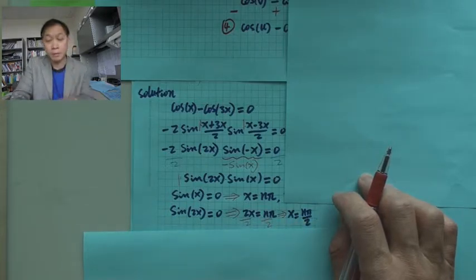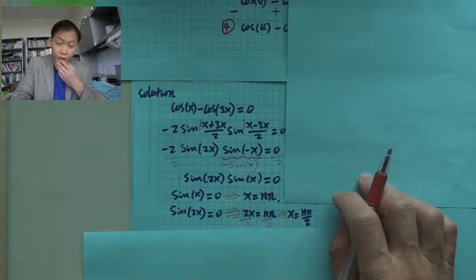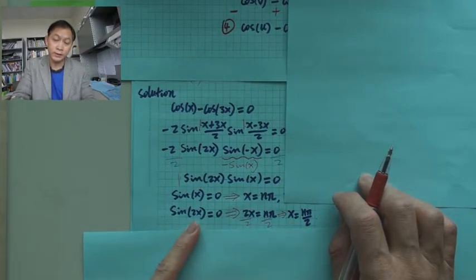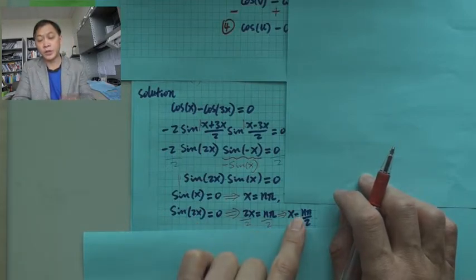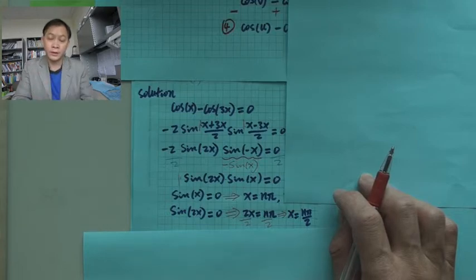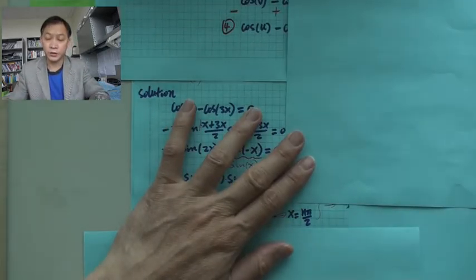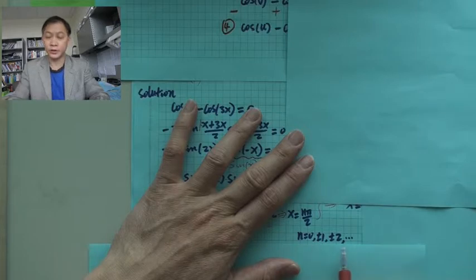And n can choose 1; if n is 1, then x is pi over 2, 90 degrees, and 2x is 180 degrees. So n ranges from 0 to 1, 2, 3, 4, and so on, and also n can be a negative number. So n can be any integer.